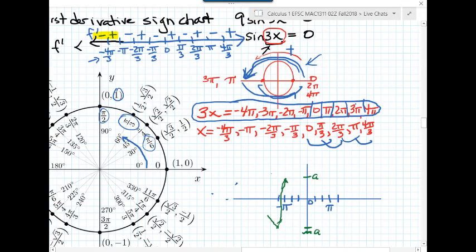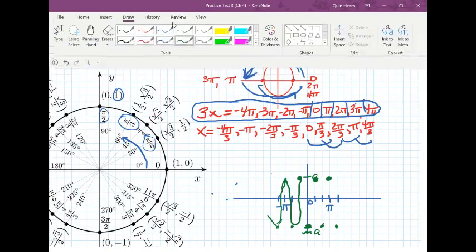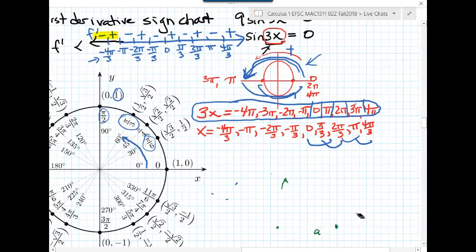All right, so we also know that trig functions oscillate, and we generally have some value that's our amplitude.